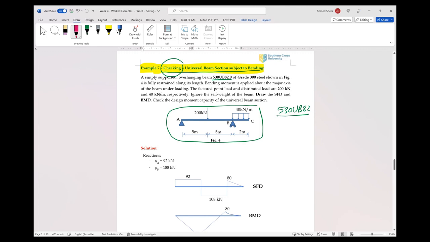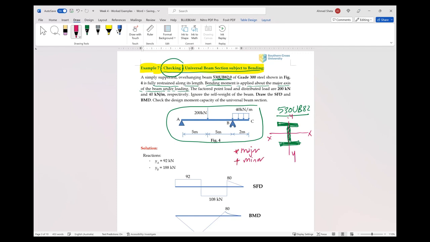The steel is fully restrained along its length, and the bending moment is applied about the major axis of the beam. If this is the cross section of the beam, how many axes do we have for any cross section? 2, the y axis and x axis. Which one is the major axis and which one is the minor axis?